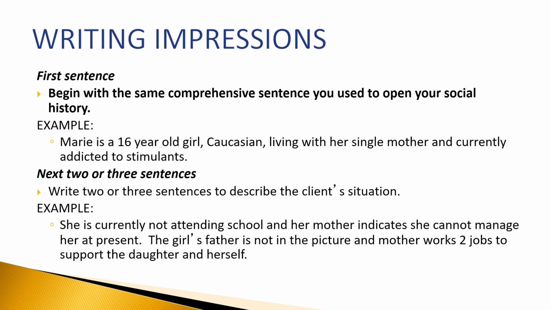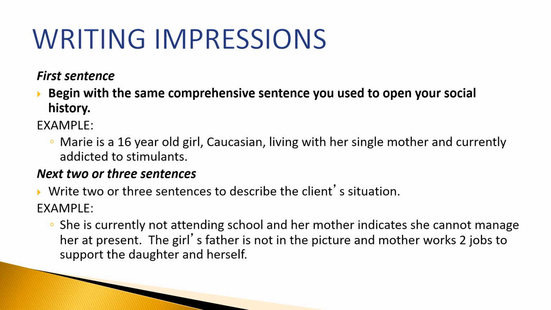When you're writing your impressions, the first sentence, remember, is that all-encompassing first sentence. You always include the name of the client, gender, age, race, ethnicity, family situation, housing or employment situation, and then 1, 2, or 3 of the top problems.